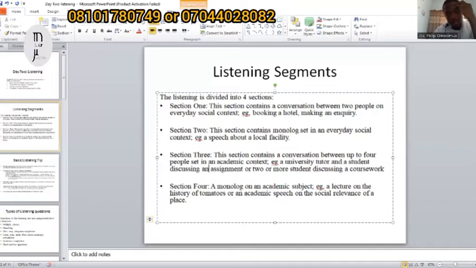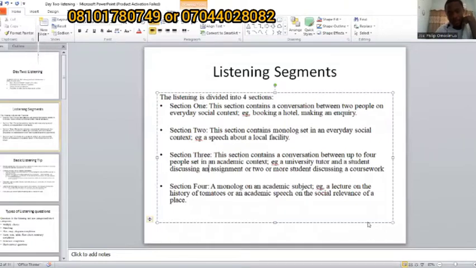It usually takes up to 4 people. It could be between 2 people, 3 people, or 4 people discussing in this context.